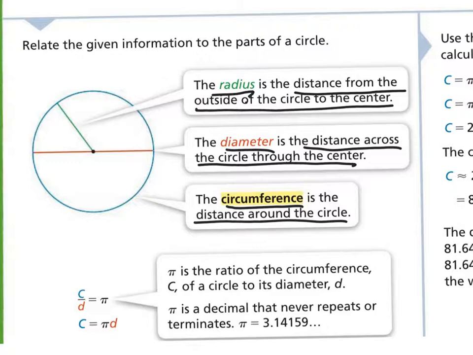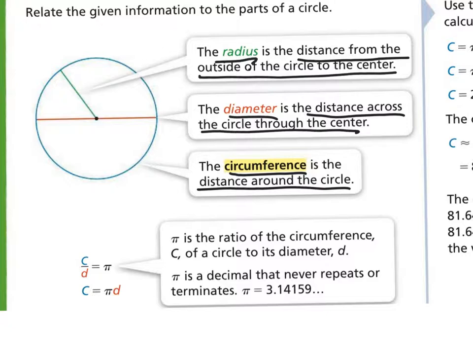And again, when we talk about circumference, circumference is pi times diameter, or circumference is 2 pi r. We talked about pi, it's the ratio of the circumference to the diameter. So basically, when these mathematicians thousands of years ago came up with this, by the way, it wasn't given to them like it is to you.